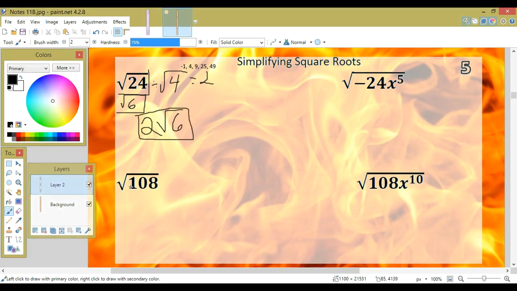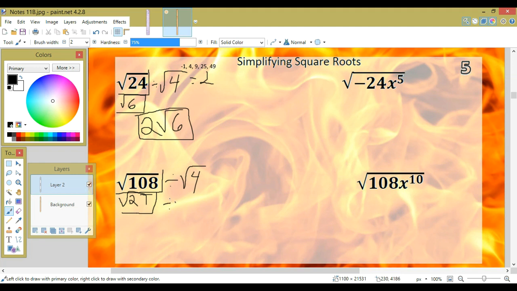Let's look at the next one, the square root of 108. It's not negative, so we can't pull out that. 4. We could divide this by 4. 108 divided by 4 is 27. We can't take out any more 4s, so we're done with that. How about 9?